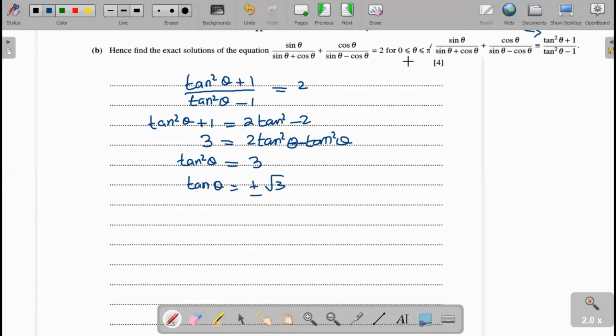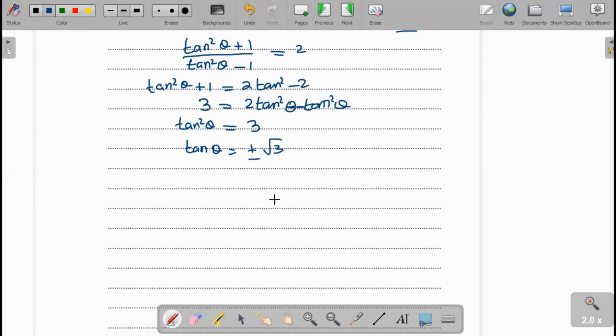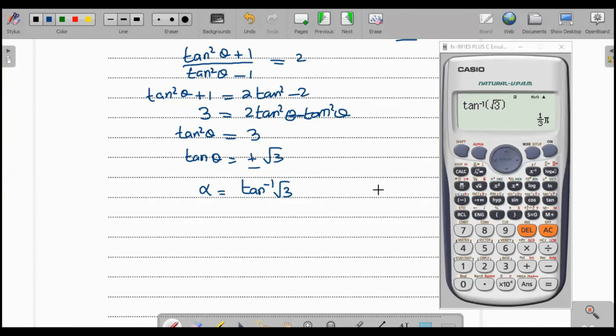Now you see here theta is between 0 and pi, therefore theta will lie in the first and second quadrant. Firstly we find the acute angle value: alpha is equal to tan inverse square root of 3. Firstly I convert the calculator from degree to radian.